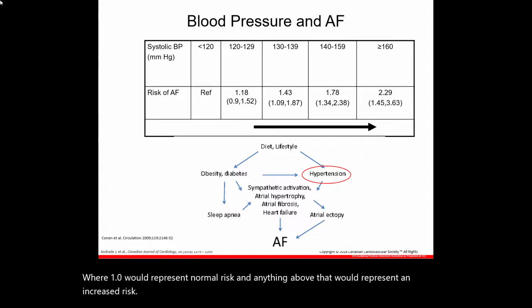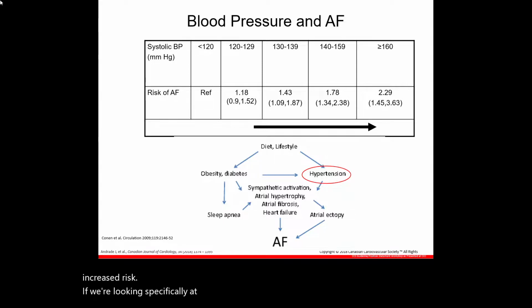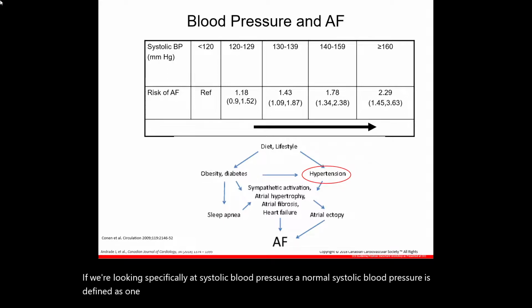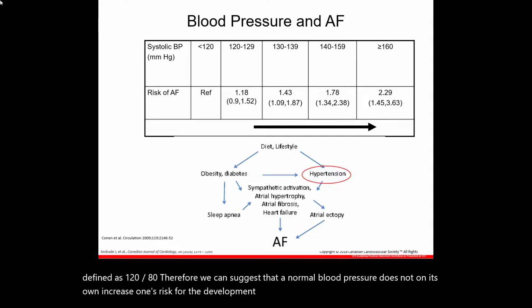Now, if we're looking specifically at systolic blood pressures, a normal blood pressure is defined as 120/80. Therefore, we can suggest that a normal blood pressure does not on its own increase one's risk for the development of atrial fibrillation.